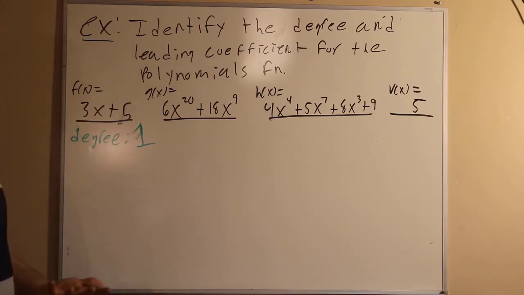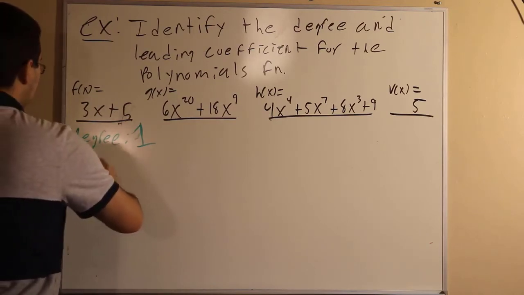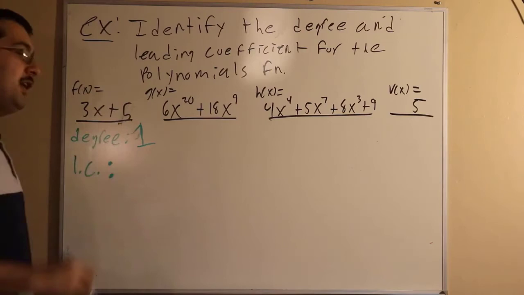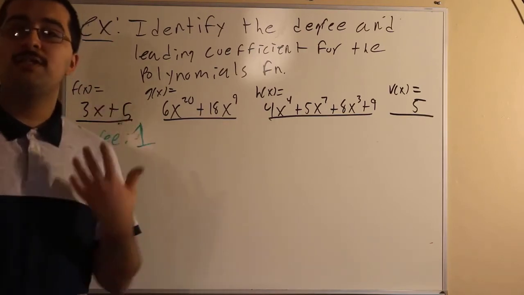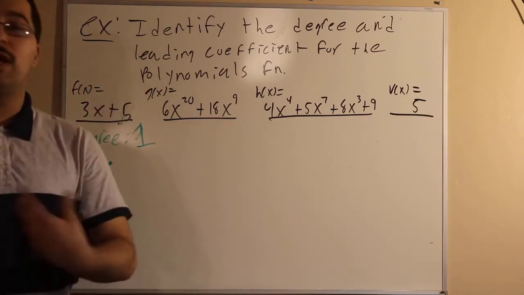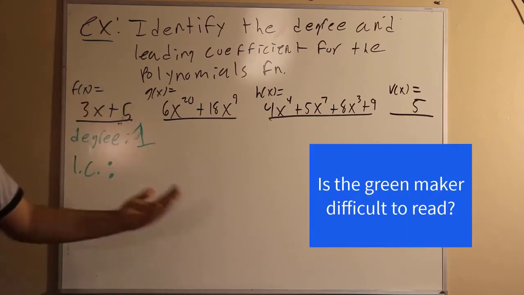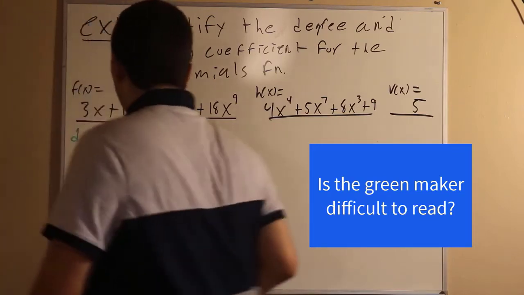Now then, the leading coefficient. What is our leading coefficient? Well, it is always the value being multiplied to the x with the highest degree, or the highest power. So for us, the value being multiplied to our x is 3, so our leading coefficient is 3. Okay?